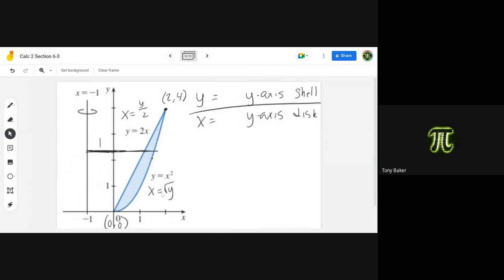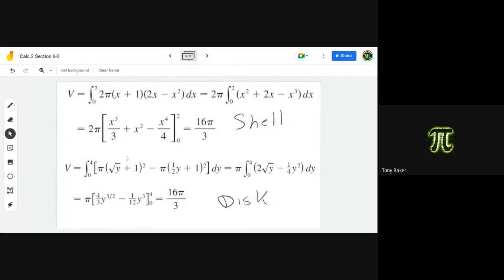If we were looking at this in terms of the disk method, I would have this area out here, the x equals y squared minus the y over 2. And if you look at the integral setup, see how it has the square root of y plus 1 minus the 1/2 y plus 1. So that's the right minus the left.